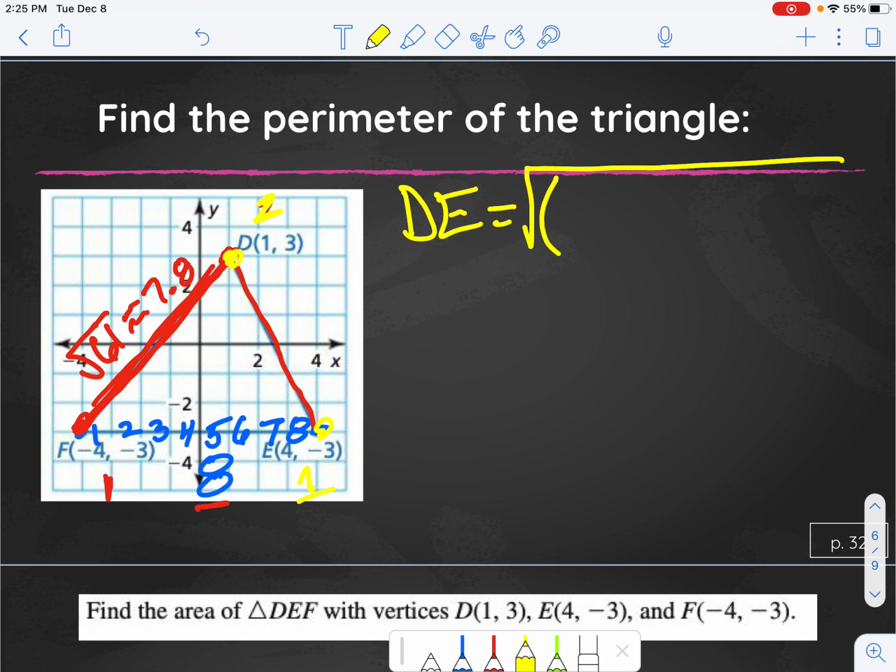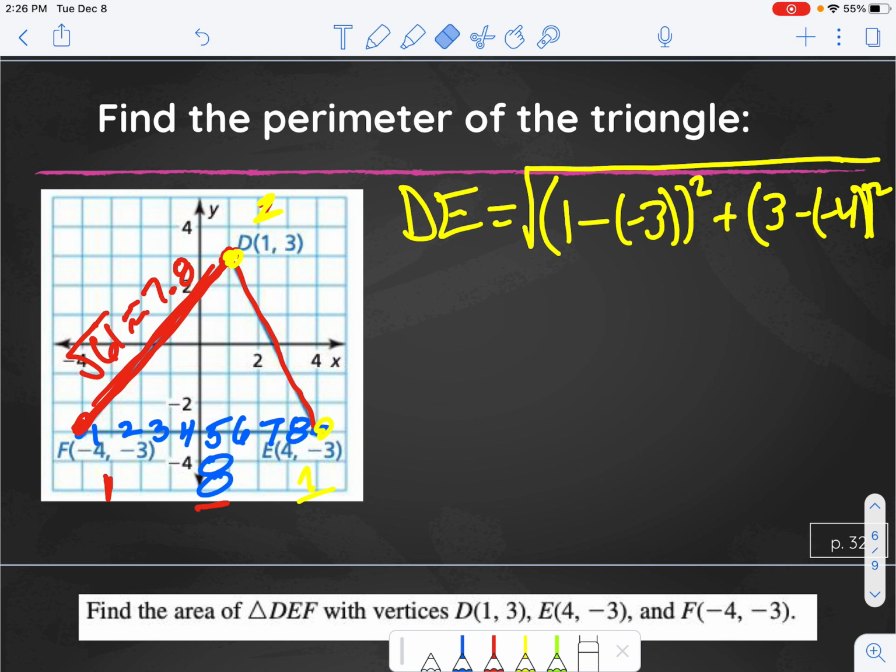So I have x2, which is 1, minus x1, squared, plus y2, which is 3, minus y1, which is negative 3.